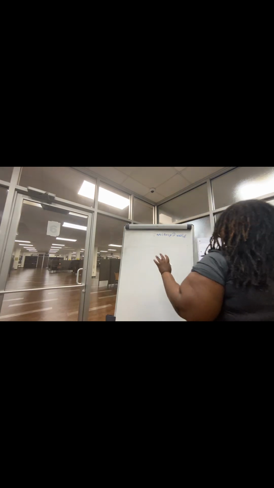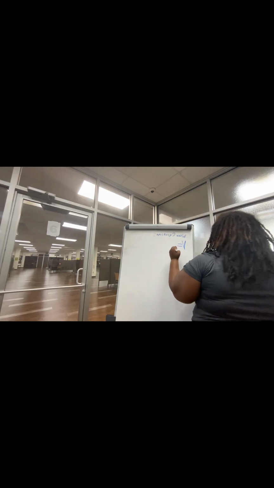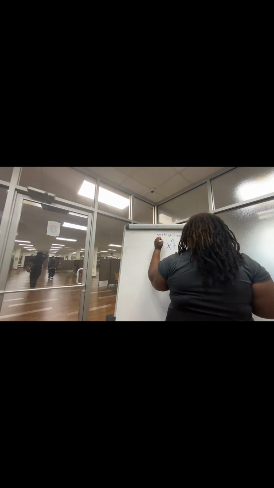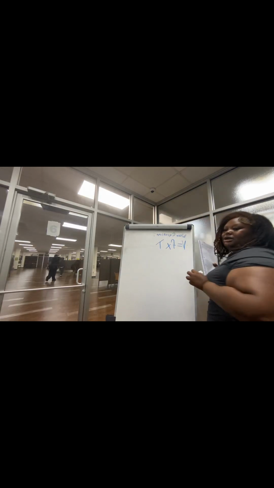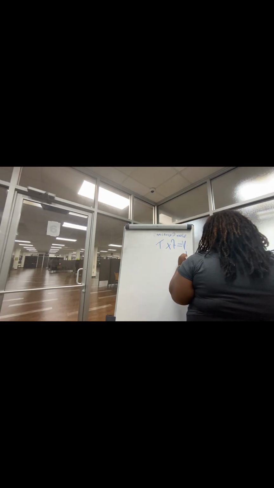The wave equation is V equals F times lambda. Okay, so in the wave equation, V is equal to the speed of the wave.